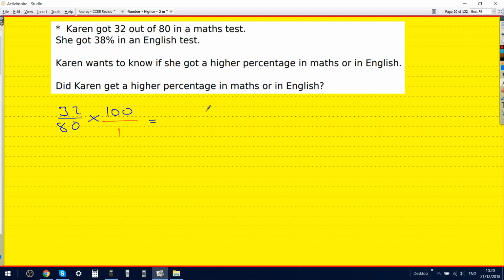Alright, so you can imagine that these are all in one fraction together with times between them, because that's what's going to happen in the next step.